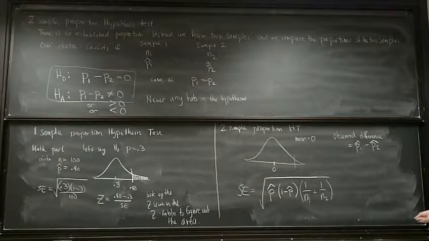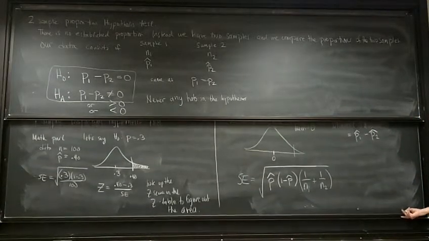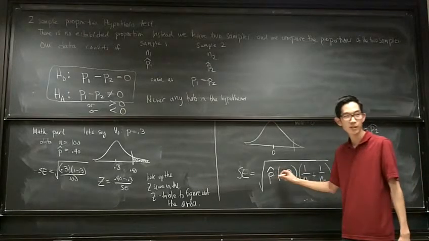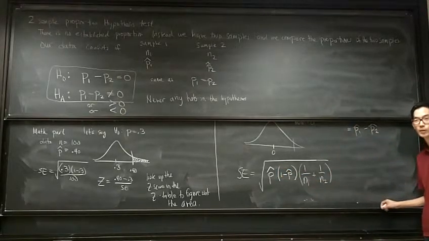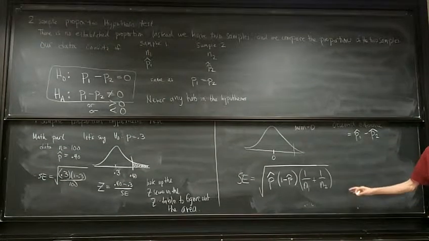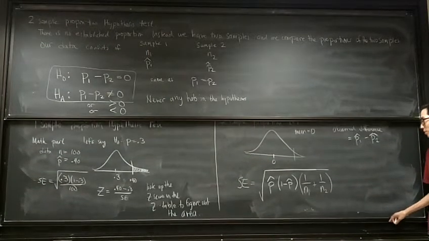Just this ugly formula. We can't do anything about it. That's what we get. Alright? And that's our standard error. Okay, and we'll talk about this in a little bit more detail here, because there's a few steps.